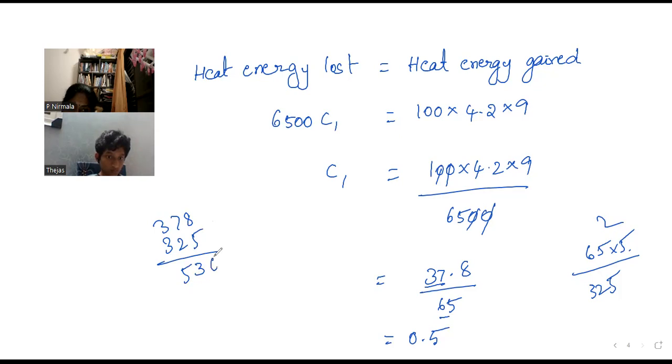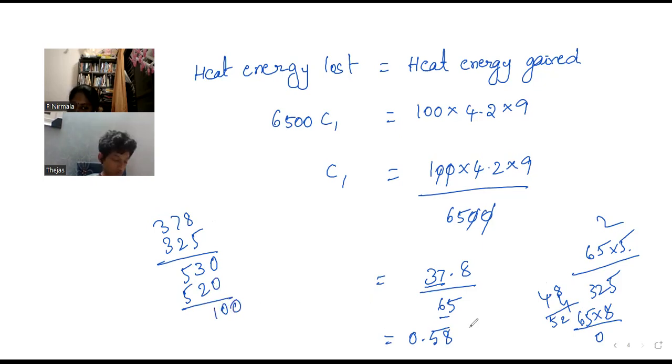Now already decimal we put 0. So 8 times it will go, we will check. 8 6s are 48, 52. Yes, 8 times it goes. Next again 1 0, so 1 time.